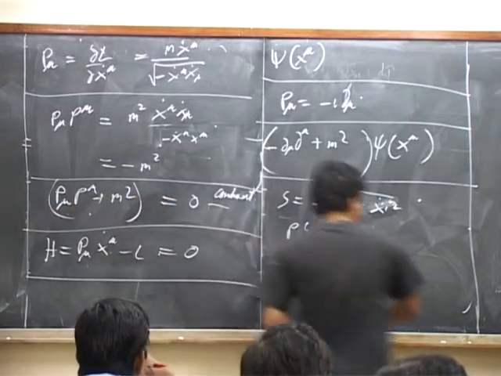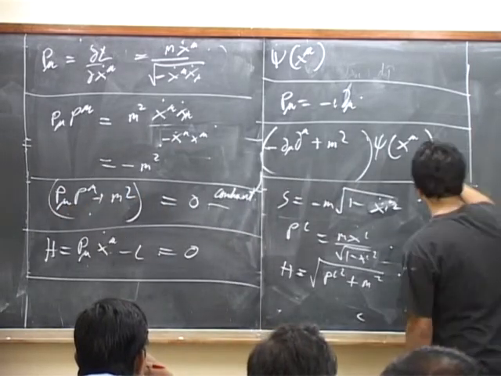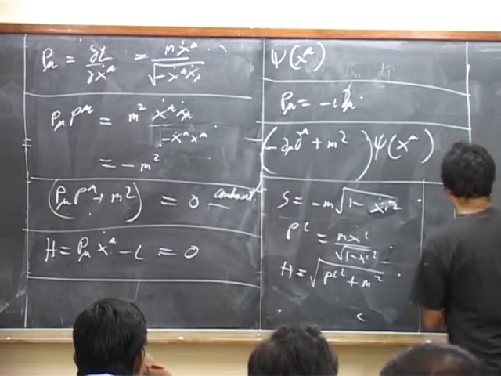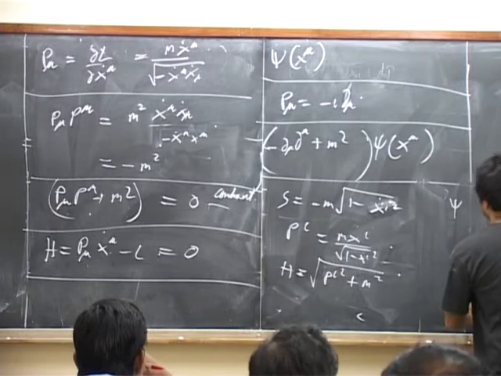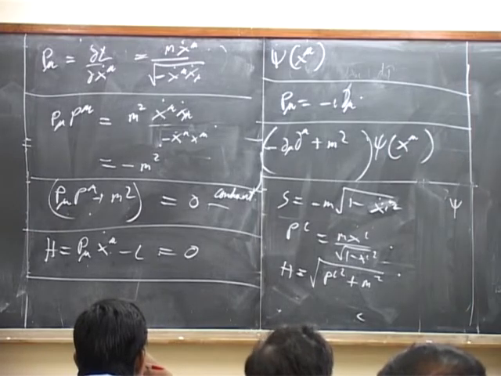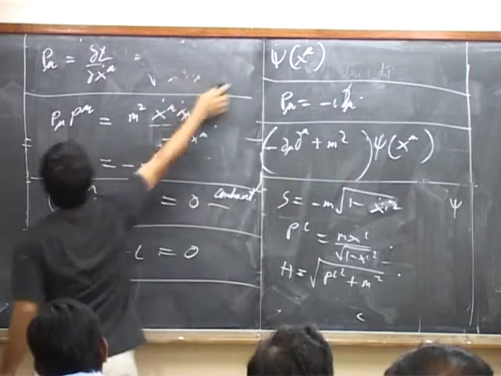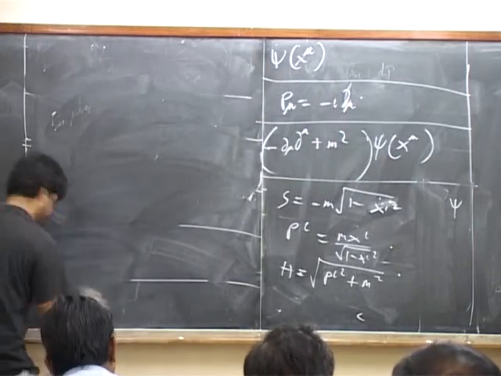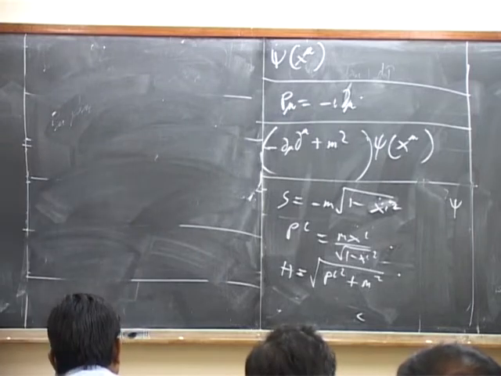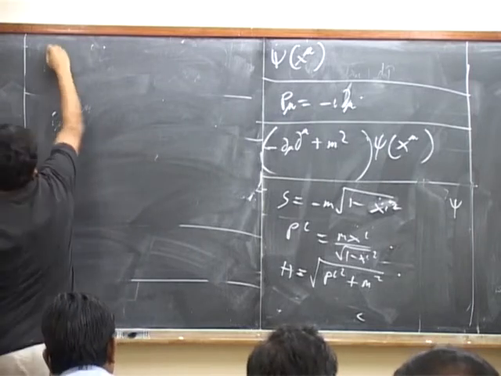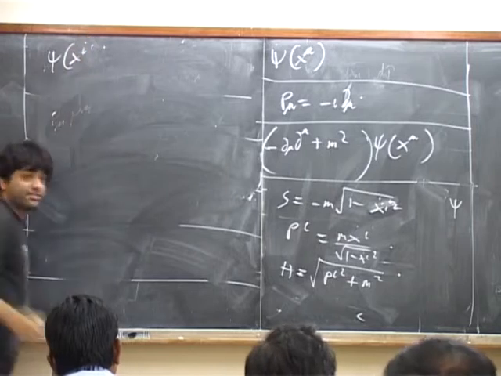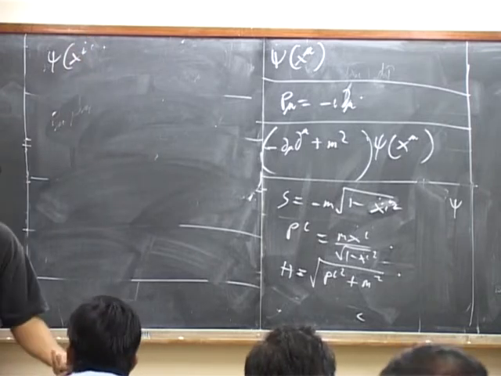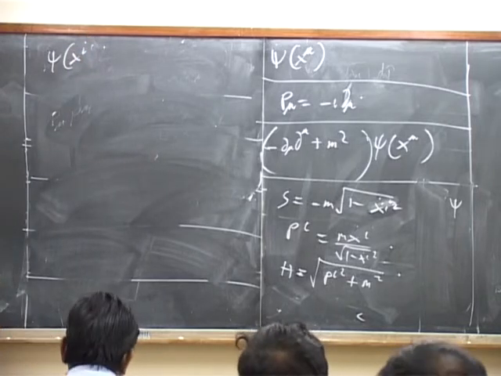Now, if we were to work out the quantum mechanics of this system, the Hilbert space is square integrable functions of xi, but the Hamiltonian is not 0.